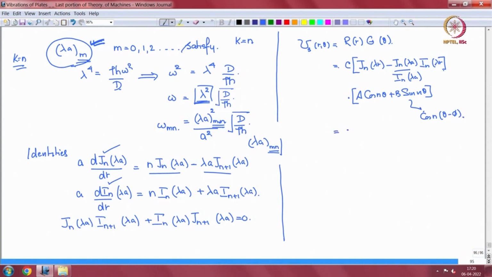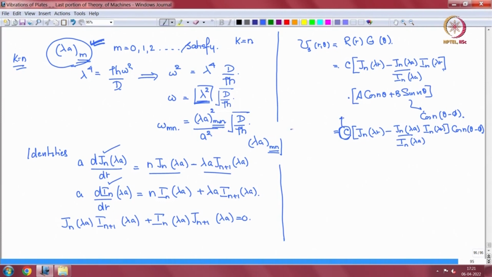So this becomes equal to C times [J_n(λr) minus J_n(λa) by I_n(λa) I_n(λr)] cos(nθ minus φ). Okay, so that's the mode shape, again unknown to the extent of one constant.